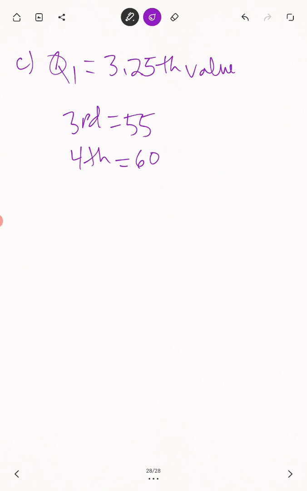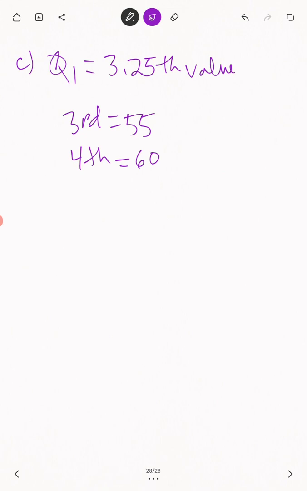Now, I remember doing this in a different way than how the textbook does it, and what I found out is how it's done in general on the IB exam. So first I'll just show you how you should do it for the IB exam. So what this actually means is that Q1, the lower quartile, is the median of the set of data that's below the median.